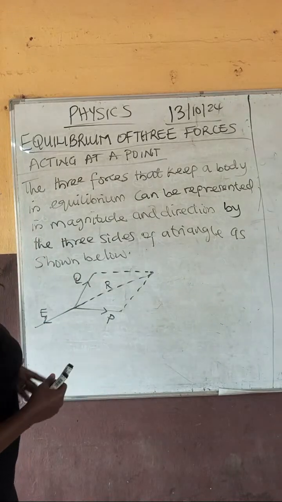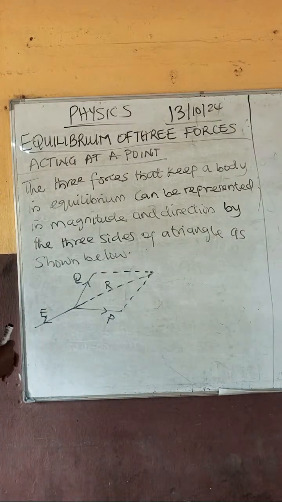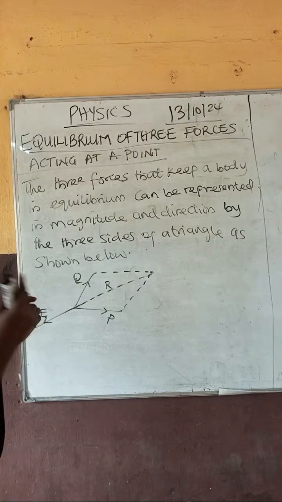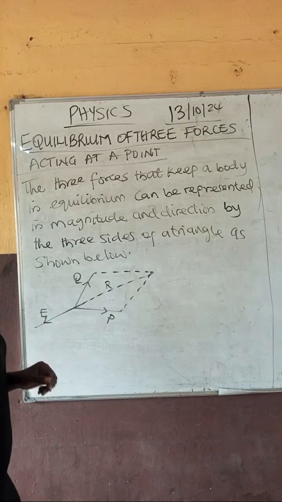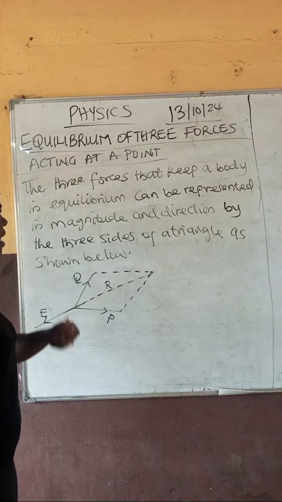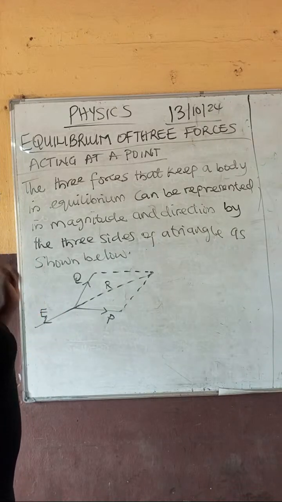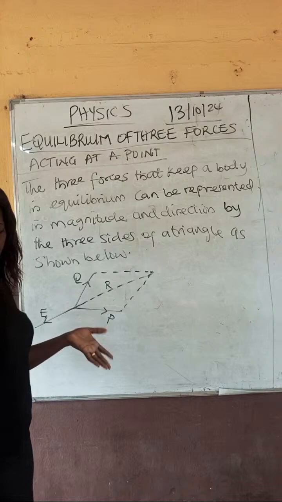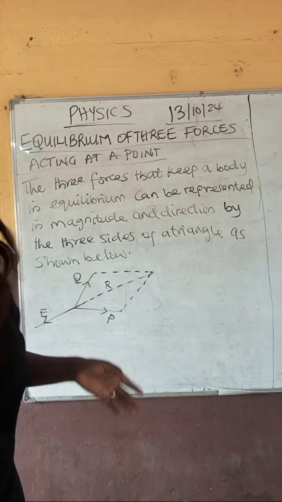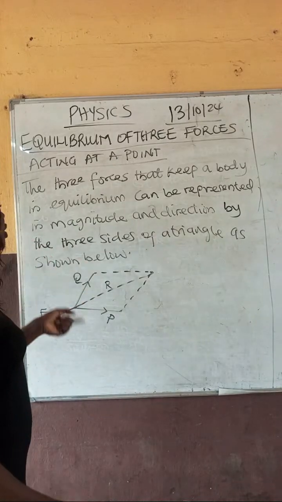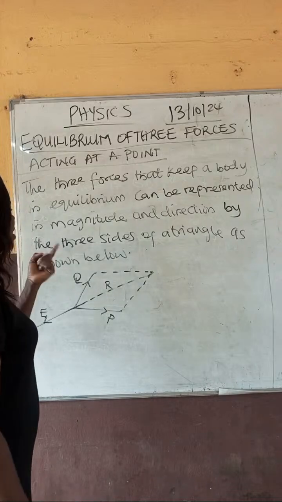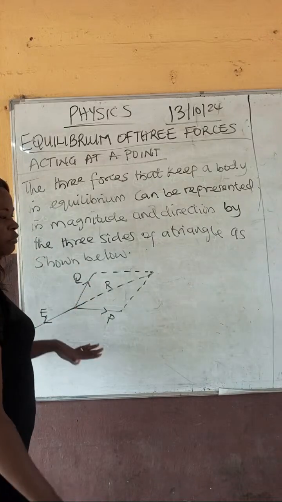Okay, so let's read what we have. The three forces that keep a body in equilibrium can be represented in magnitude and direction by the three sides of a triangle as shown below.